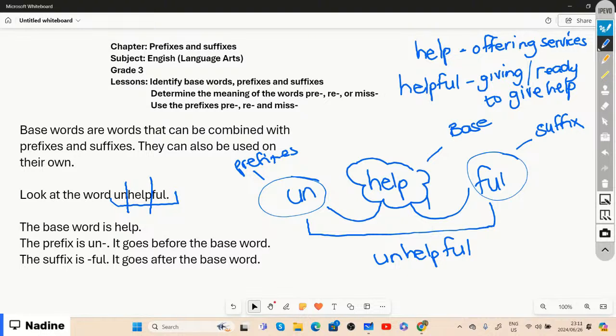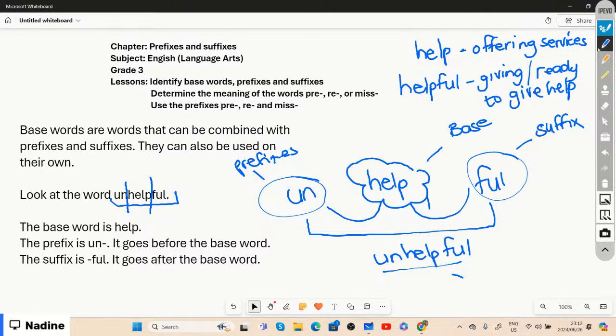Just like you being helpful, right? And then if we were to look at the word together, which is unhelpful, and if we look at the meaning of the word unhelpful, then it means that it's the opposite of offering services.